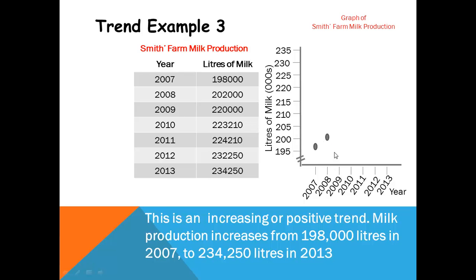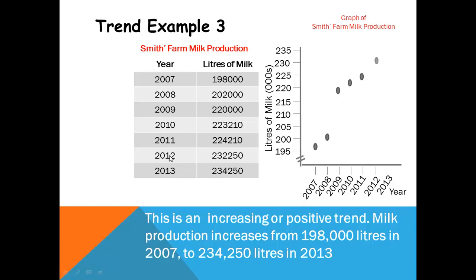Then 2009 and 220, which would be somewhere up about here. So I'll plot that there. And then 2010 and 223, so I go to 2010 and up to around 223, which is there. And then I go to 2011 and match it up with around 224, 225, which is there. So that one there corresponds to that there and that there.